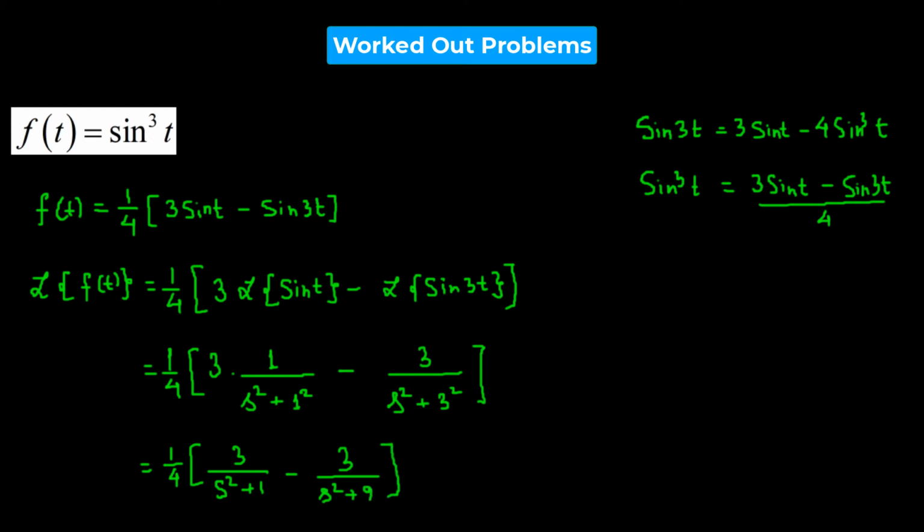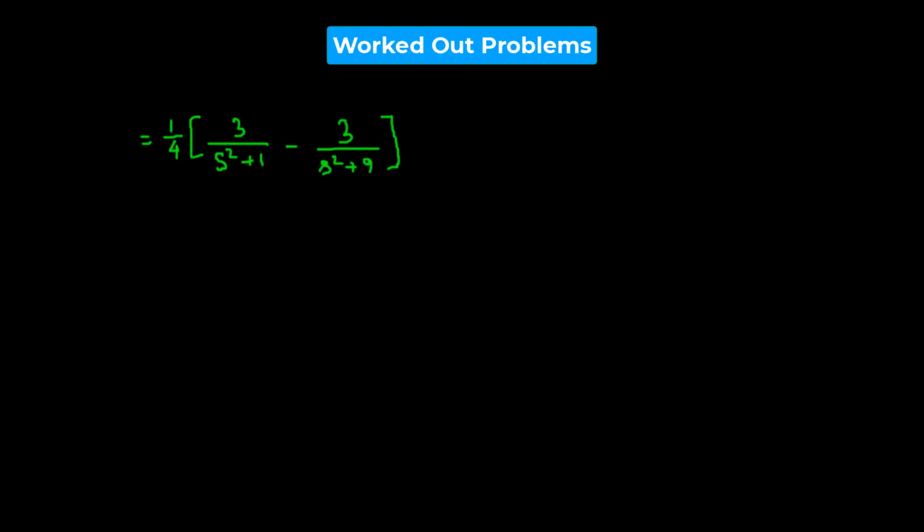Now we are going to combine the two terms. Before that, we are going to pull out 3 from both the numerators. So we have 3 over 4. Combining the two terms, the denominator is (s squared plus 1) multiplied by (s squared plus 9), and the numerator is s squared plus 9 minus s squared minus 1.